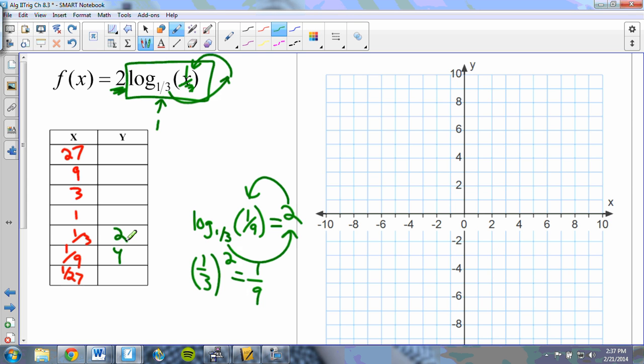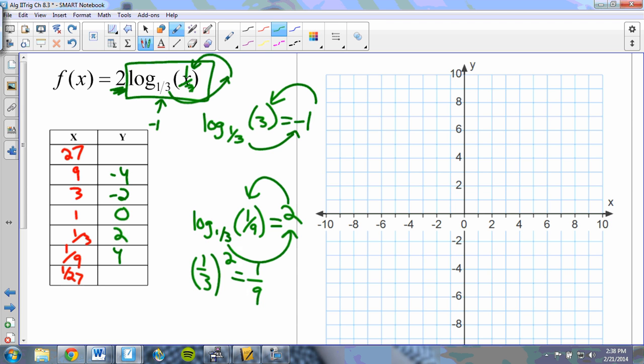Log base 1/3 of 1 is 0, times 2 is 0. Log base 1/3 of 3, well, that's -1. 1/3 to the -1 is 3. So it becomes -1 inside this box, times 2 is -2, and then -4.